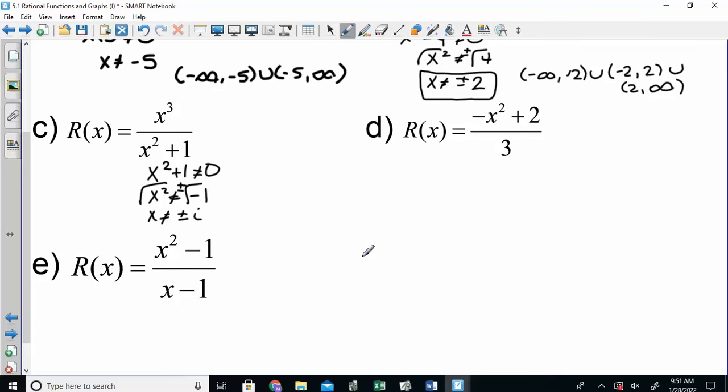No. So if the only thing x can't be is imaginary, your domain is negative infinity to positive infinity. You can plug in any x value we want. D. If we say the bottom can't be 0, does 3 ever equal 0? No. So what's my domain?